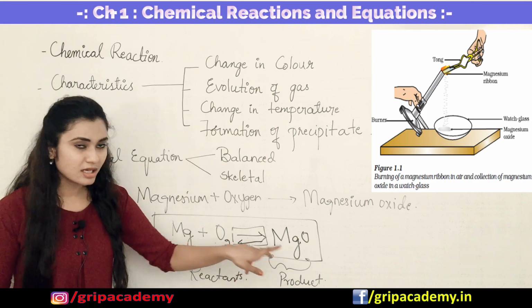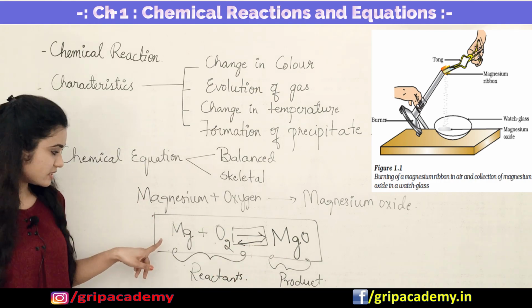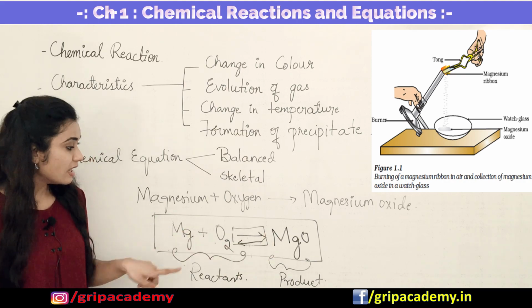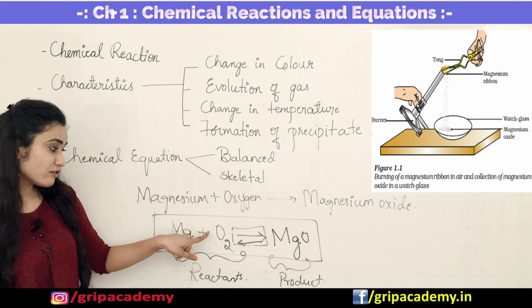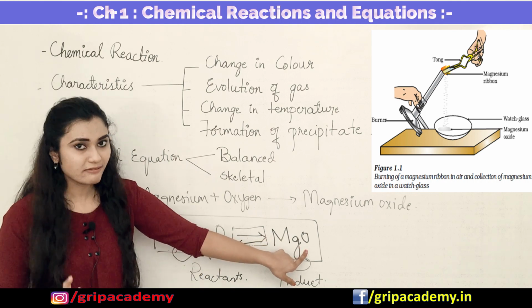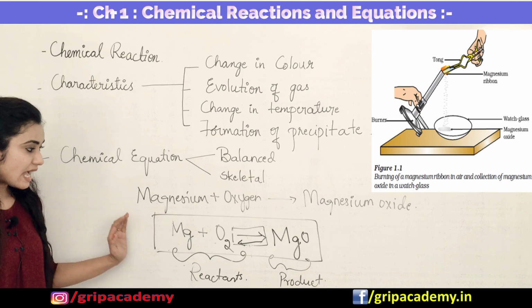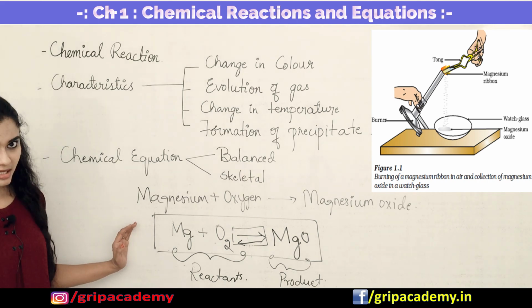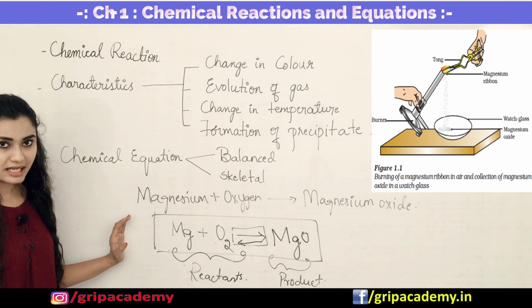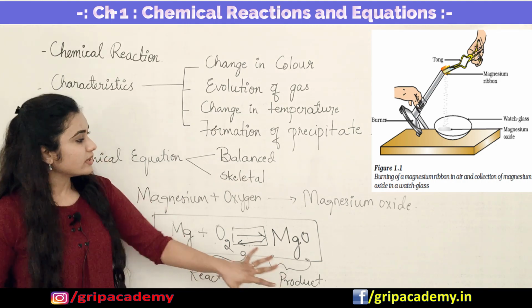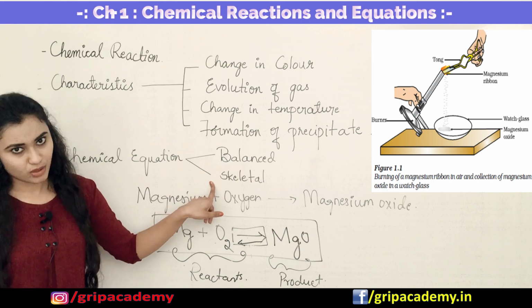If you see here, no, right? Because for magnesium we have one atom and here also one, fine. But for oxygen we have two atoms here, but here it is only one atom, right? So the reaction in which the atoms or chemical substances are not equal on the reactant and product side, we term as a skeletal equation.